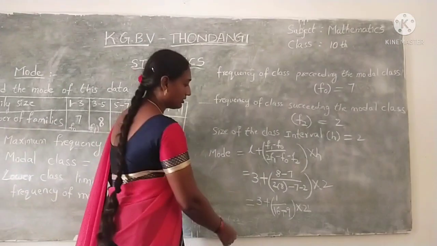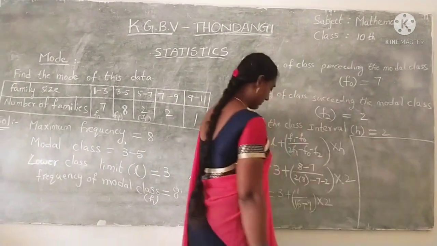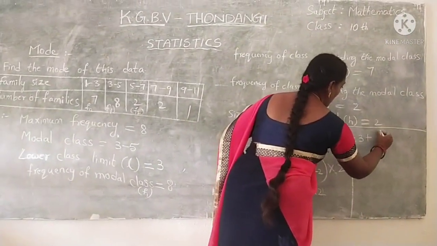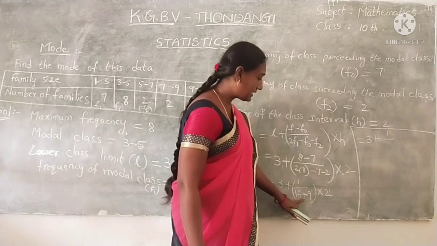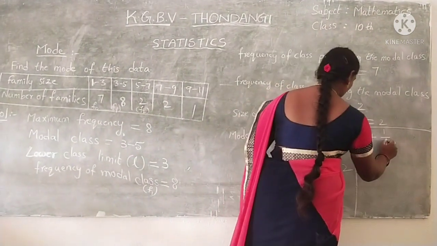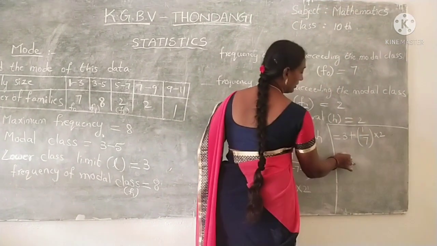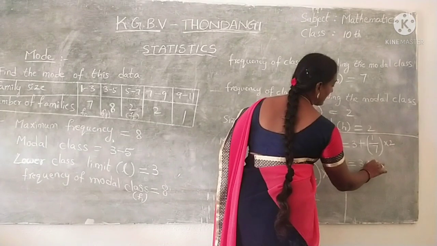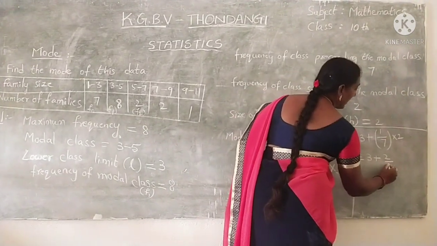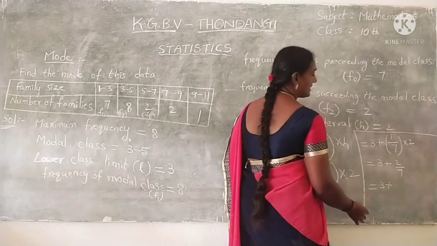So next, 3 plus 1 by (16 minus 9). 16 minus 9 means 7, into 2, that is equal to 3 plus product of numerators 1 into 2, by 7. So 3 plus 2 by 7.